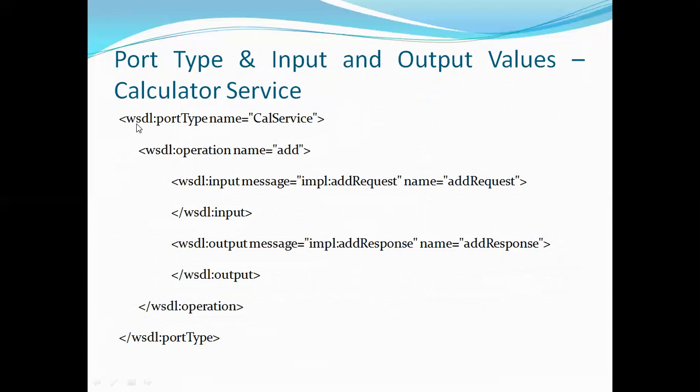The portType tag is used in the WSDL. The WSDL portType name is the name of the service, here the calculator service. The operation performed on the calculator service is the addition operation. The input message is the add request, where we provide the two variables, and then we get one output.